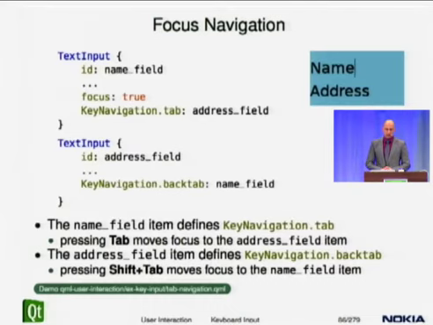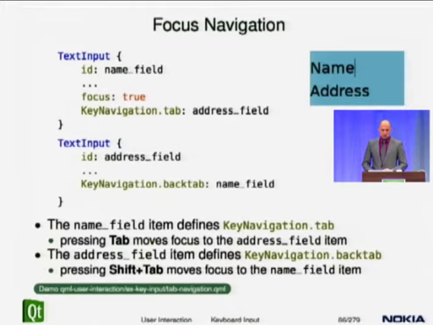The way to do that is, again, you have to have IDs because you're referencing other things, and then you use this attached property called key navigation, and you say that the tab property, which means what happens when tab is pressed, is that the focus should change to this other element called address field. And for back tab, just for sake of didactics, the same thing happens, but the other way.